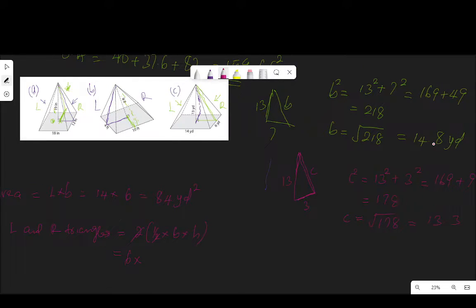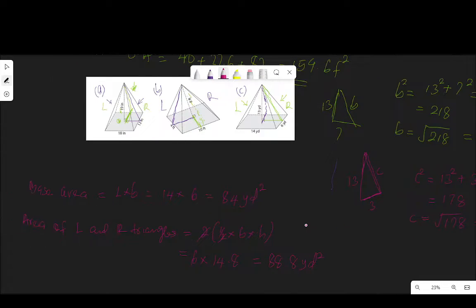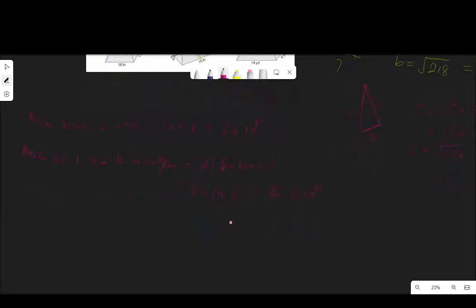The height is 14.8 yards. 6 times 14.8 is 88.8. 88.8 yards square. That is the area of the left and right faces of the pyramid.